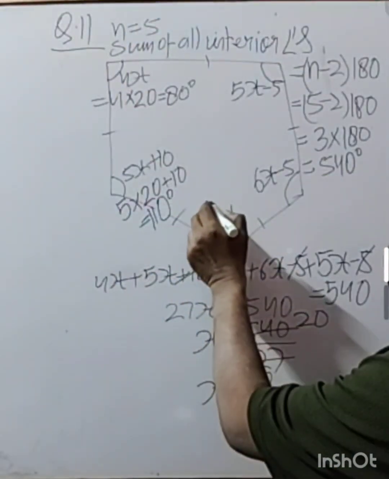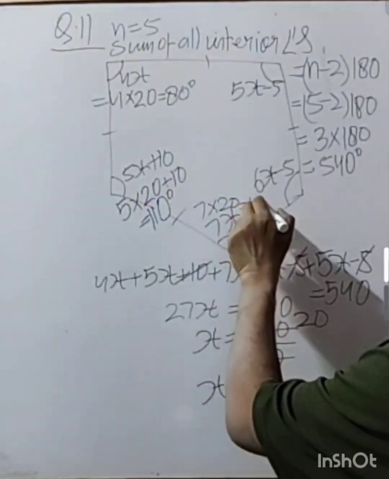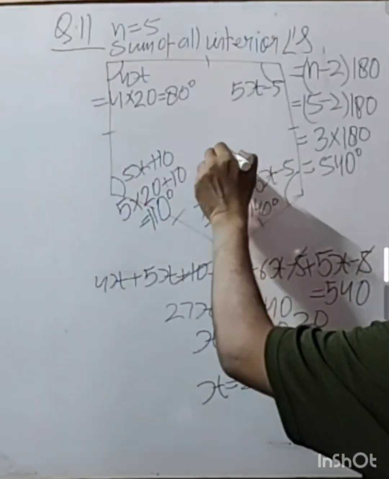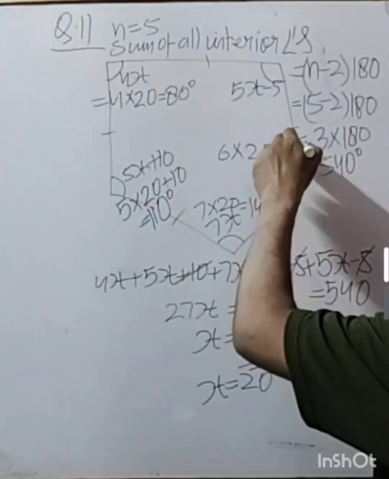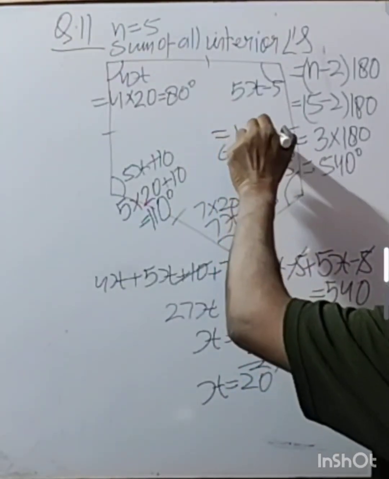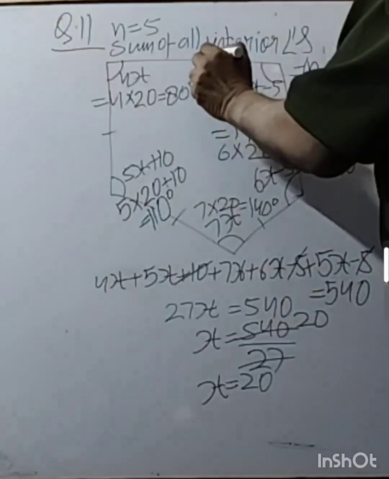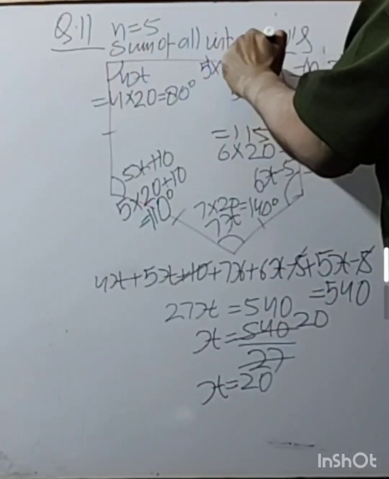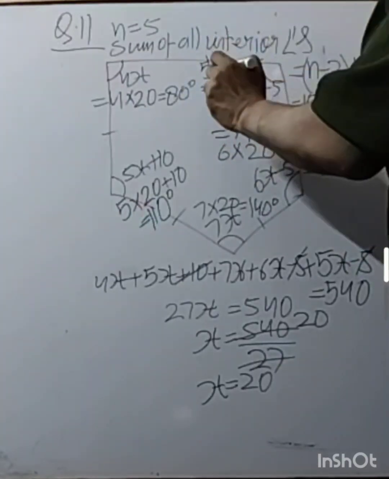This is 7 into 20, it becomes 140. This is 6 into 20 minus 5 becomes 115 degrees, right? And this is 5 into 20 minus 5, so you get 100 minus 5 becomes 95 degrees.